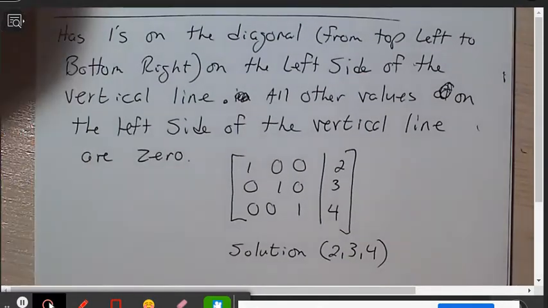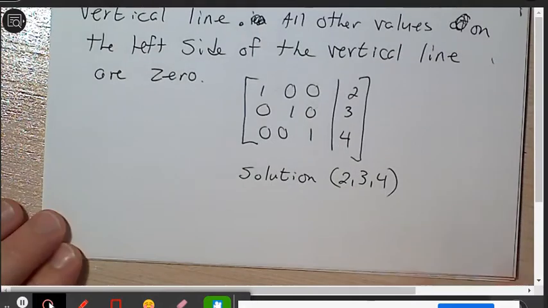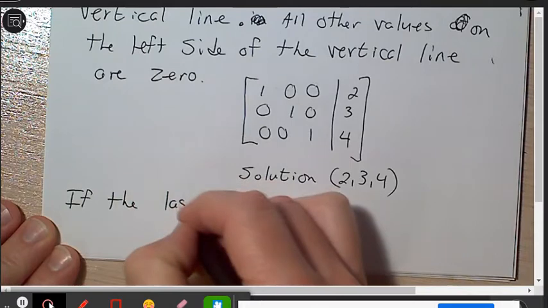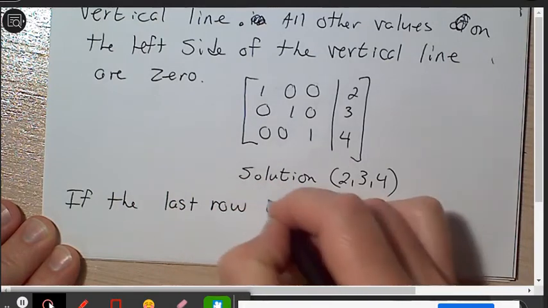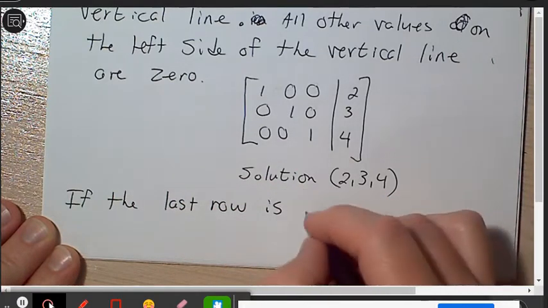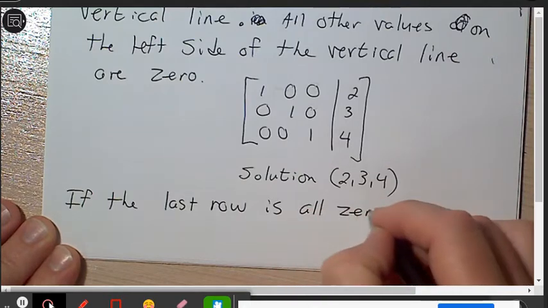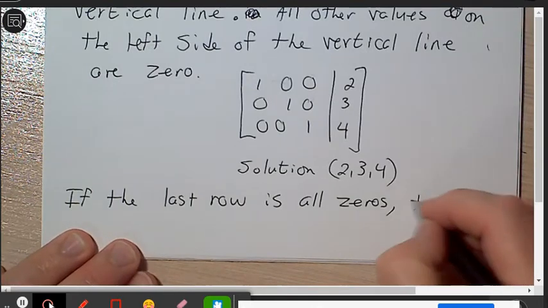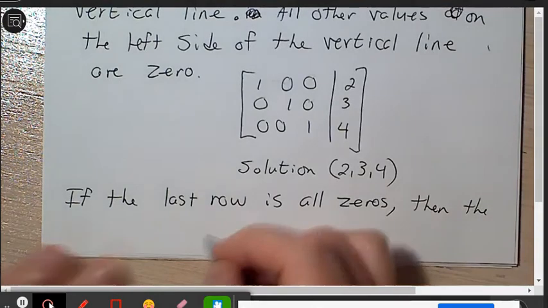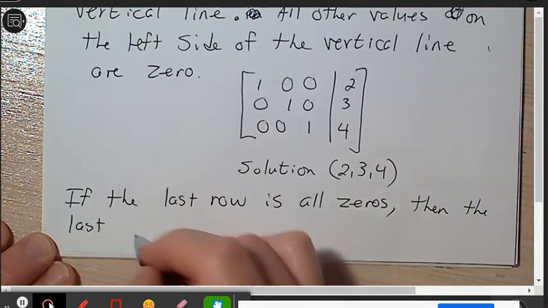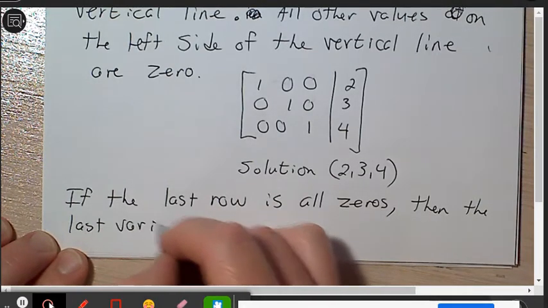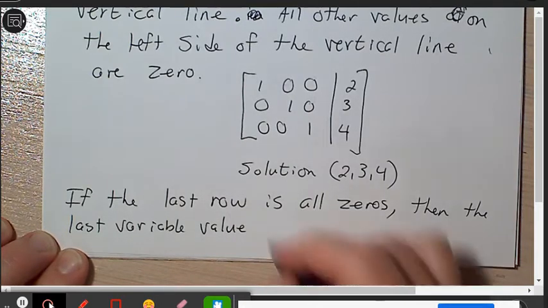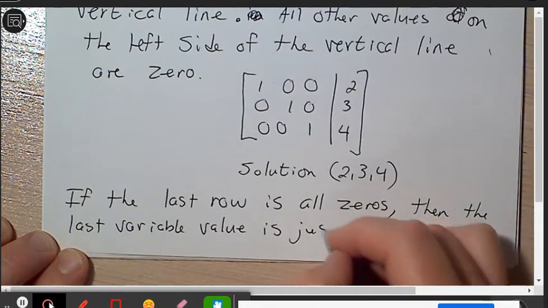Okay, now one other little thing with reduced row echelon form. If the last row is all zeros, then your last variable value is just the variable.